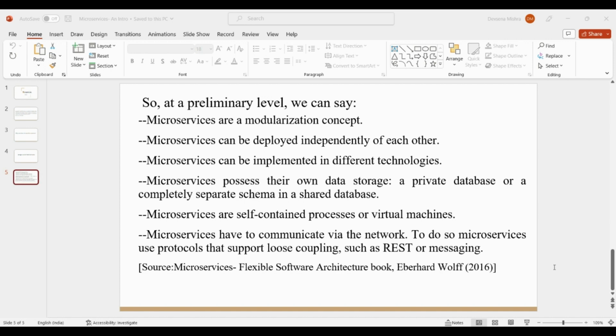So, in a nutshell, we can conclude that at a very basic level, this is what microservices are all about. Microservices belong to the next generation software development technology toolkit that helps in improving processes and software quality across each stage of software development.